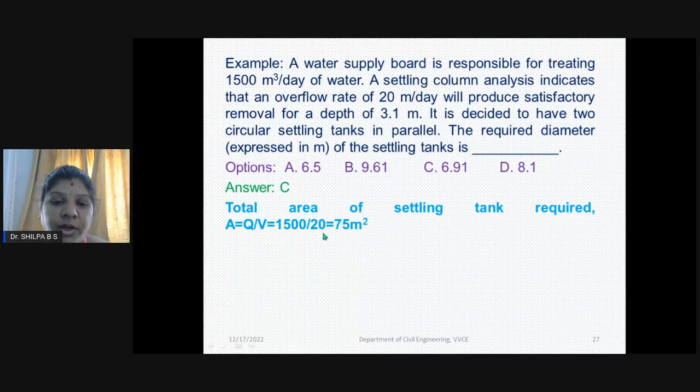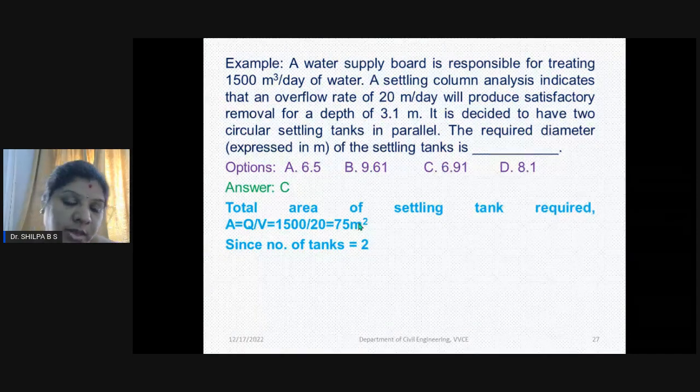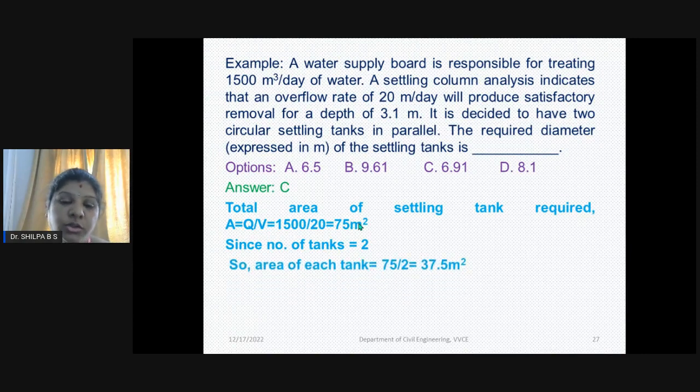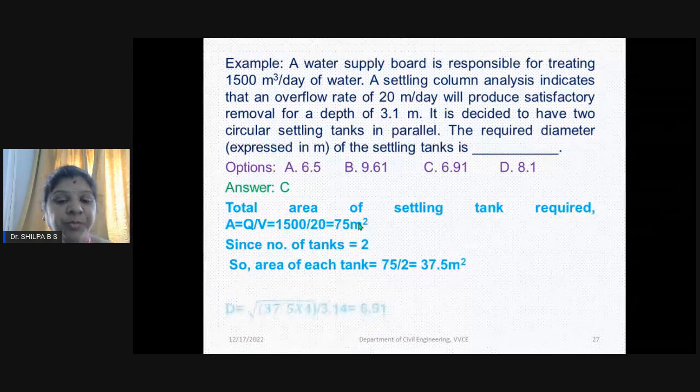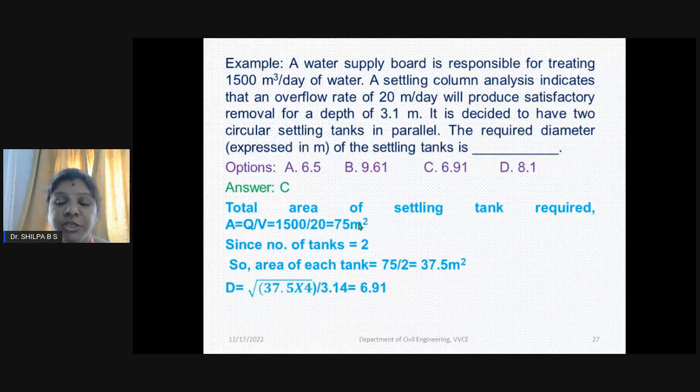When we divide this, we get the area as 75 meters square. And then they have given that the two circular tanks which are in parallel have to be provided. So the number of tanks that we need to provide is 2. So the area of each tank will be obviously 75 by 2. So we get the area of each tank as 37.5 meters square.